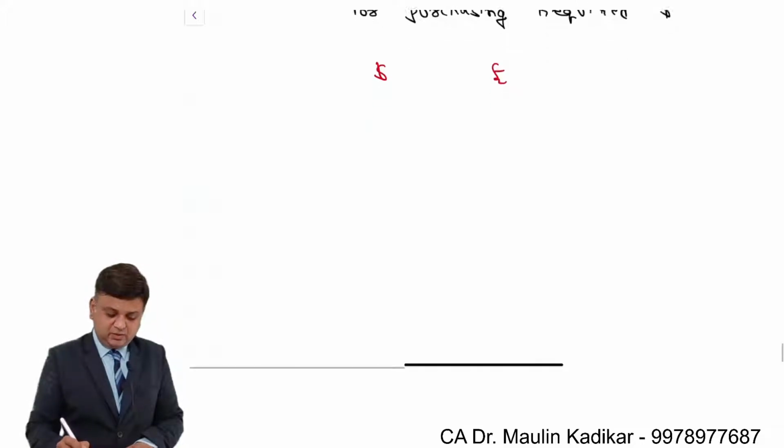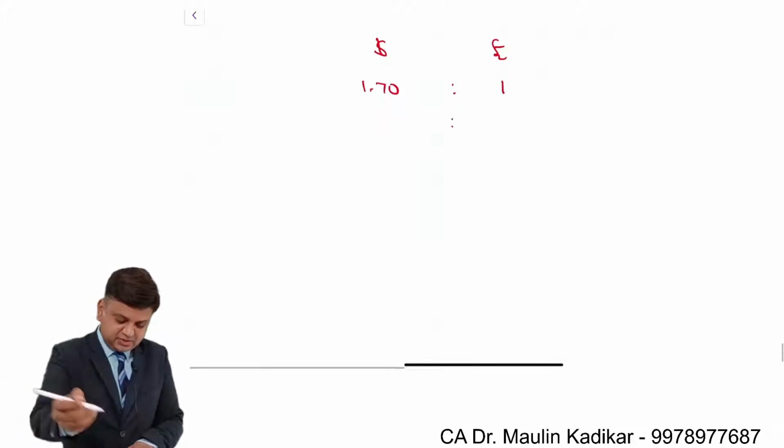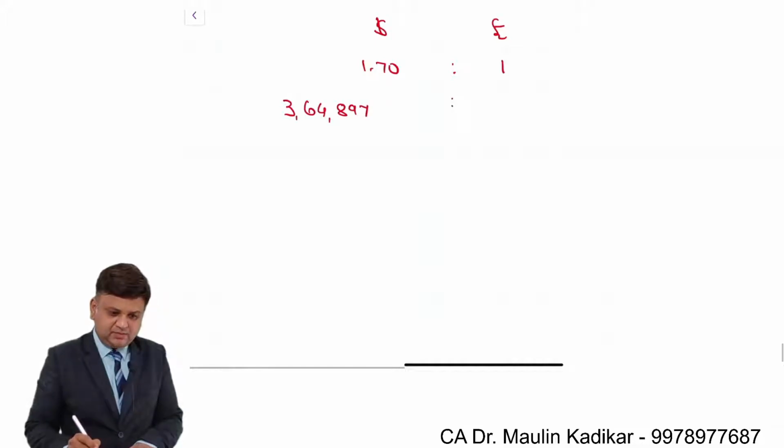What is the exchange rate? $1.70 per pound. What is the amount of the consideration? 3,64,897 dollar is equal to this amount of pound.